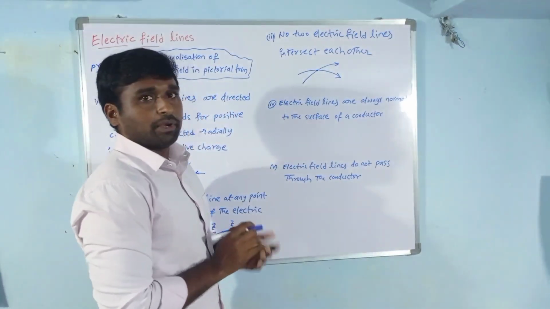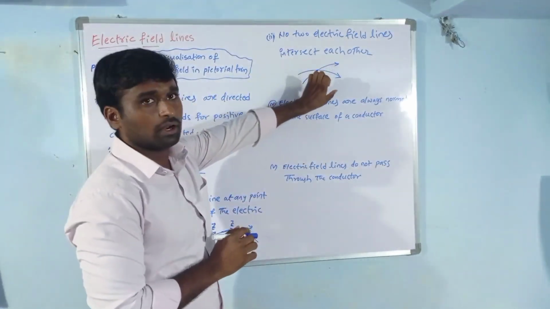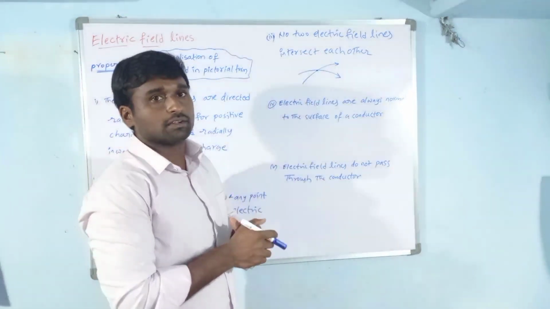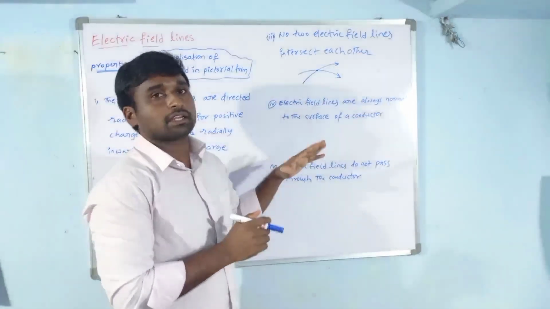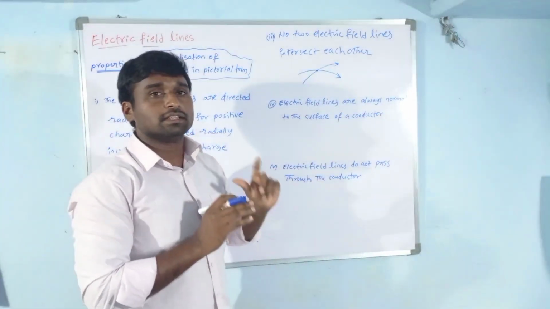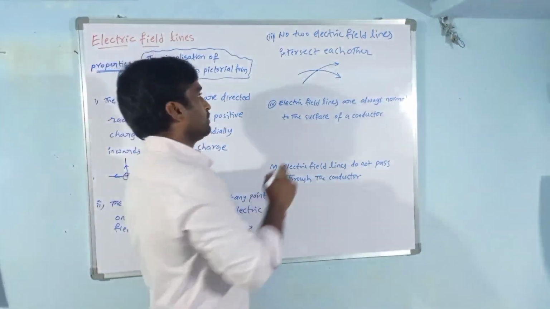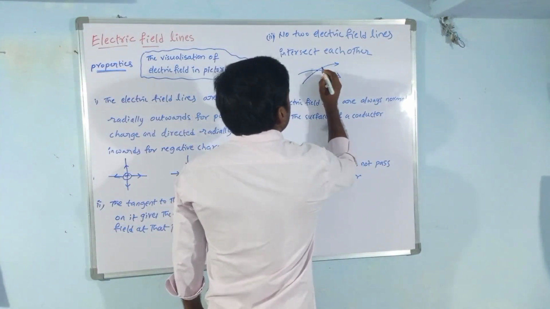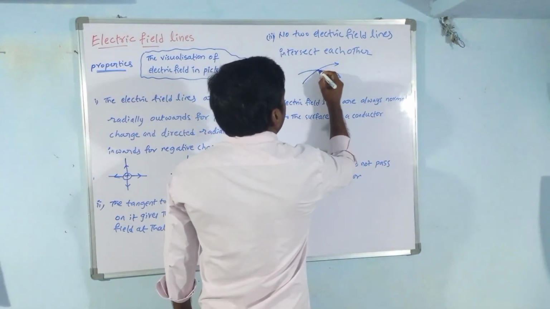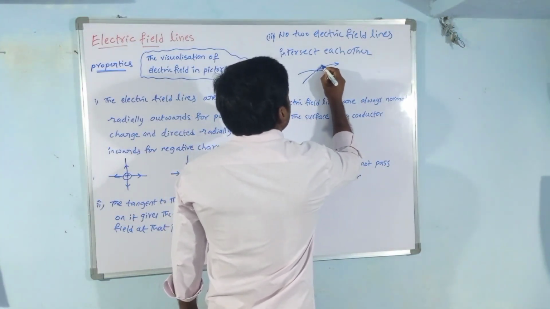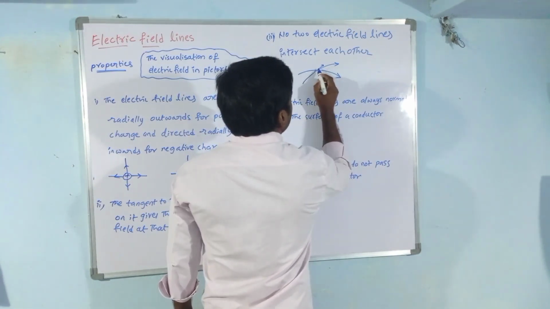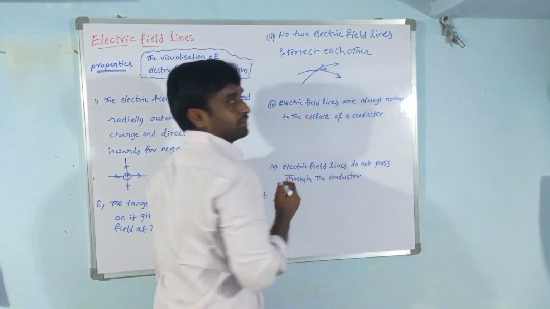What happens when two electric field lines intersect? If the electric field lines intersect, there must be two directions at that point. That is impossible. Suppose at this point you want to know the direction of this field line; it has a direction in this way, and the other has a direction in this way.